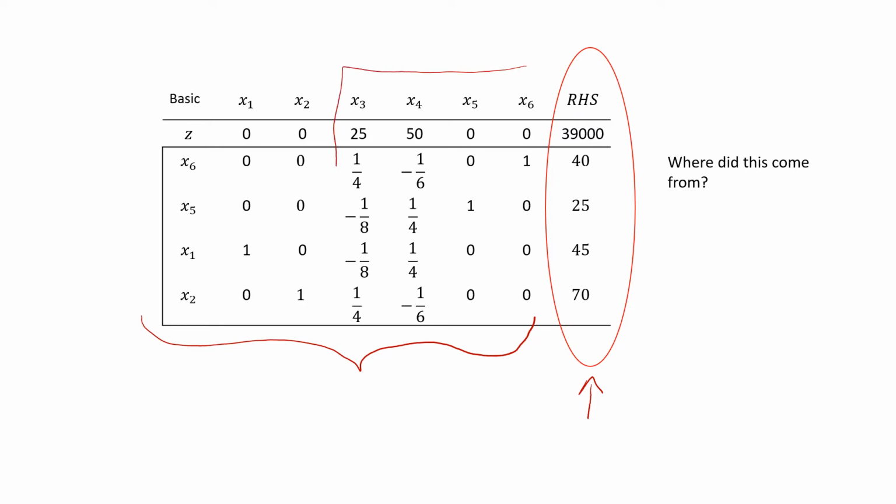Look at those columns here. This is what we termed the inverse matrix, but it's essentially the matrix that is going to allow us to transform from our initial tableau, the tableau in our initial problem, to the tableau in our new problem with the updated numbers.